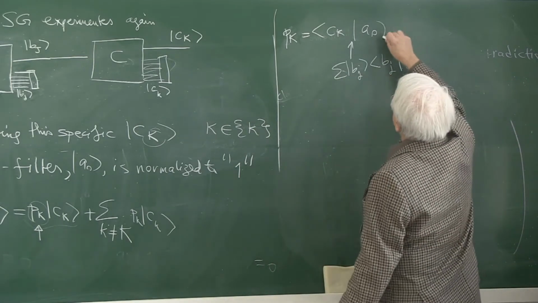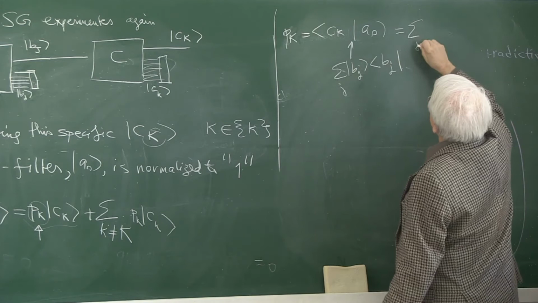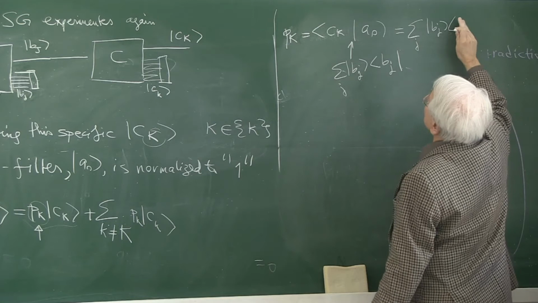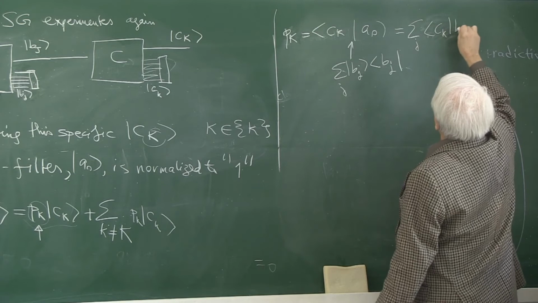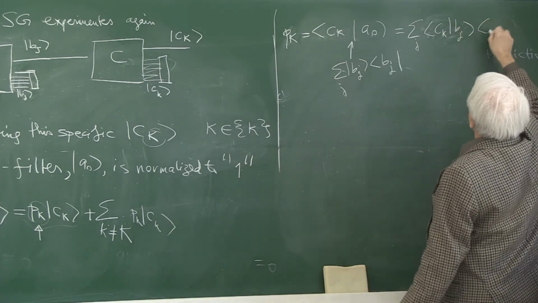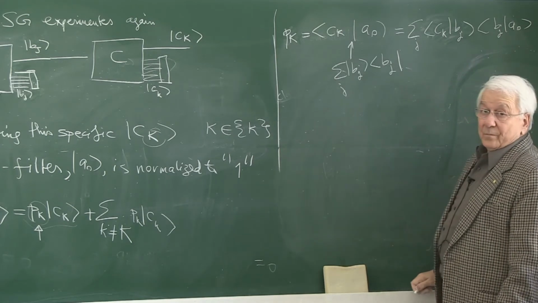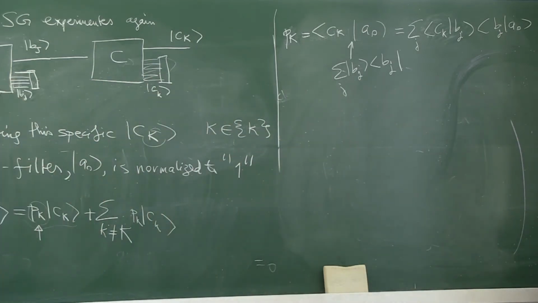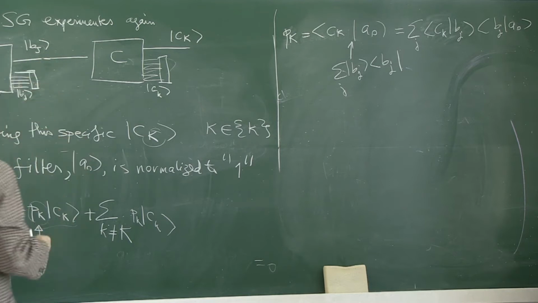So this becomes the sum over little j, <c_k|b_j><b_j|A0>. But notice that in this particular setup, this beautiful, really experimental setup, only the capital J is filtered out, all the rest is blocked.